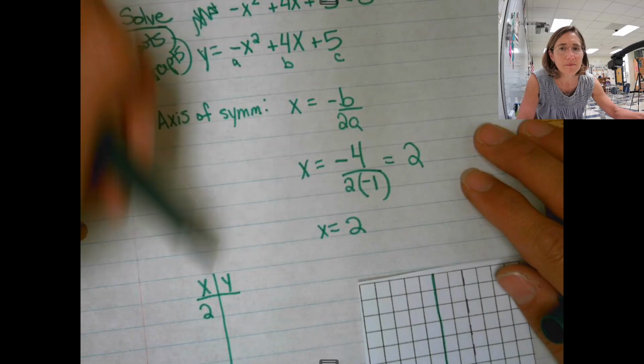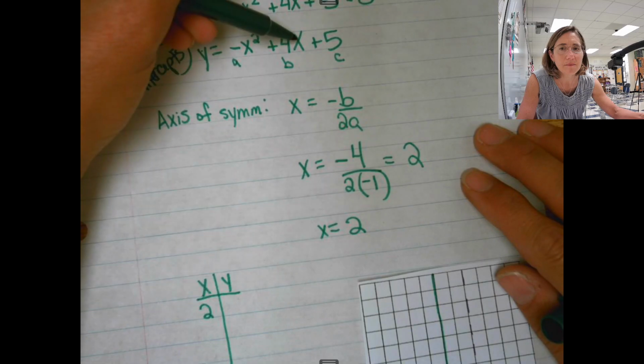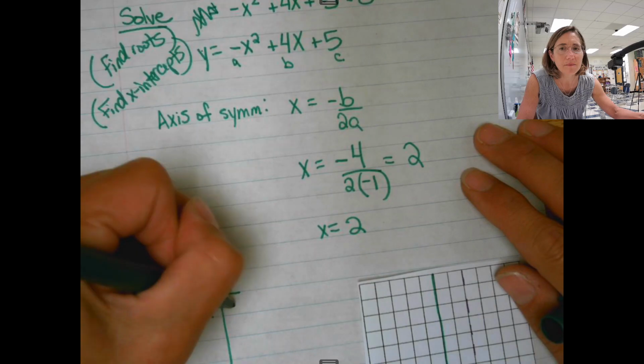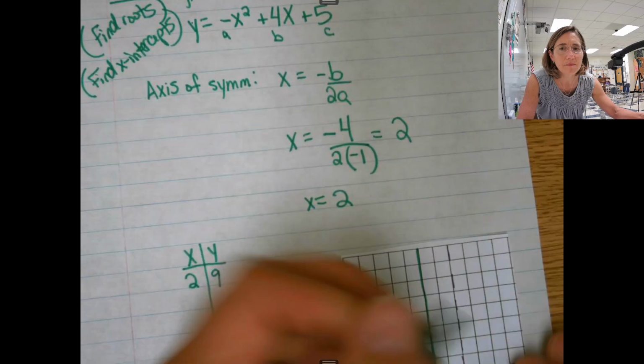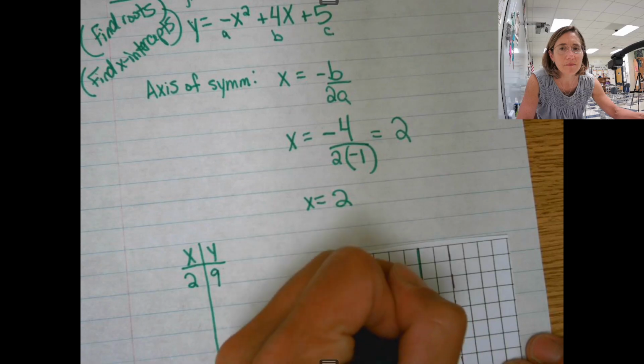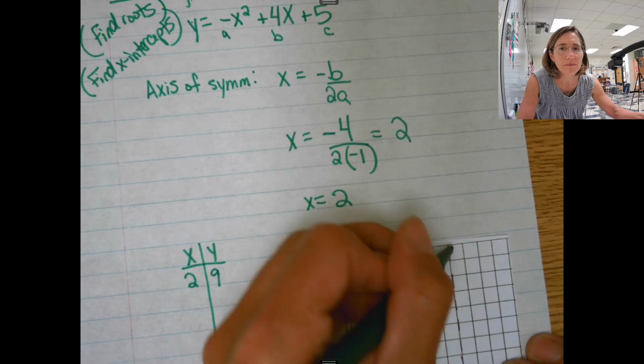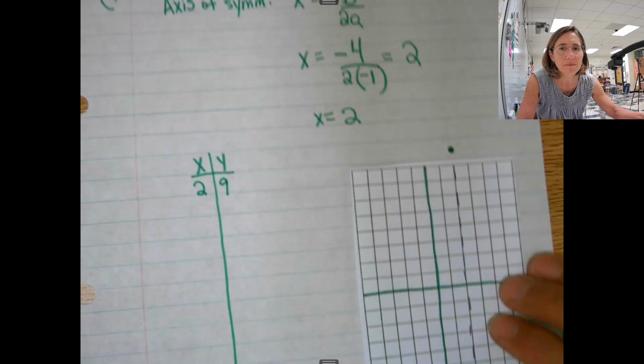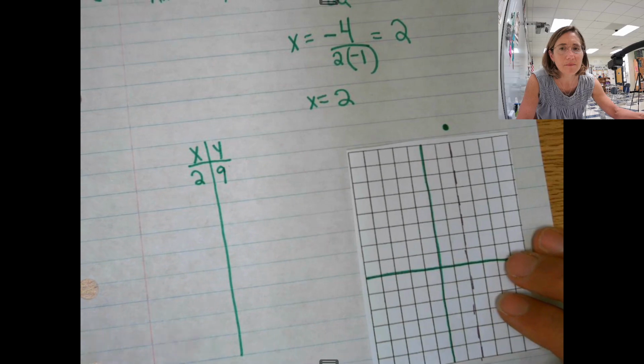So -4, take the 2 and plug it in for this x, so that would be 8. -4 plus 8, we're at +4. Add 5 to that, we're at 9. So 1, 2, 3, 4, 5, 6, 7, 8, 9. I have to go 1 space above to get to that. Okay, so that's where my vertex is.